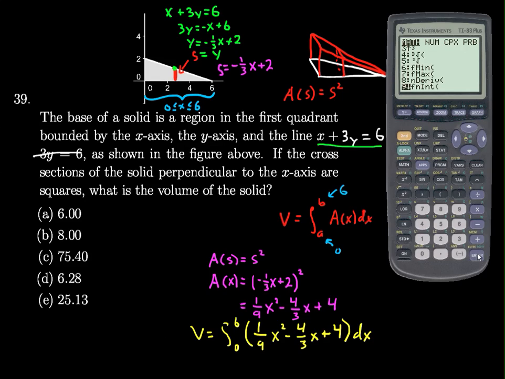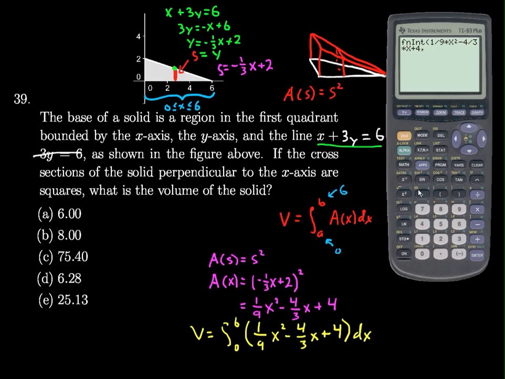I'll press 9s in later videos, but scroll down, scroll down, scroll down. Here, fnInt. I put in the function that I'm integrating, which is 1 divided by 9 multiplied by x squared, minus 4 divided by 3 times x, plus 4.